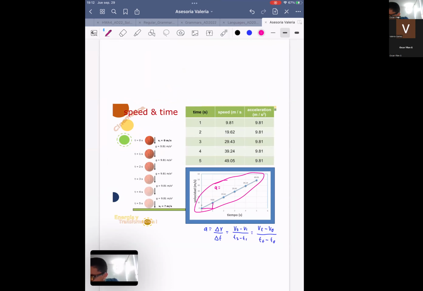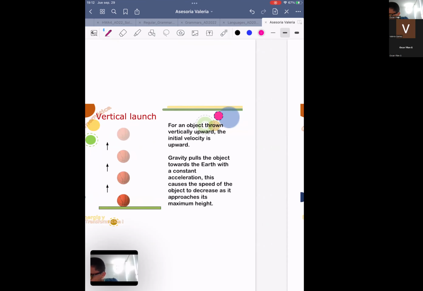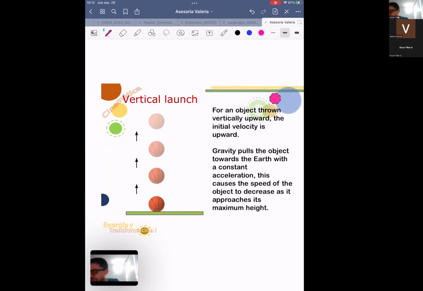Let's go. Remember that when we are talking about vertical launch, if we send something upwards, we are going to have an initial velocity. What sign is that initial velocity? Positive, in the y direction.